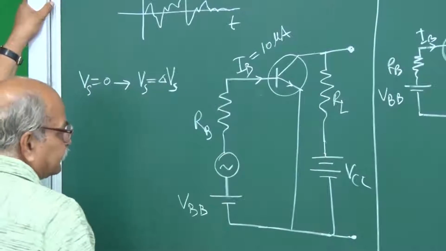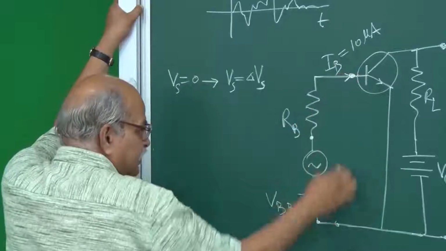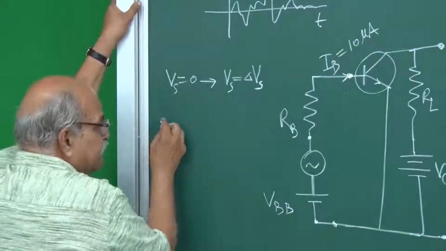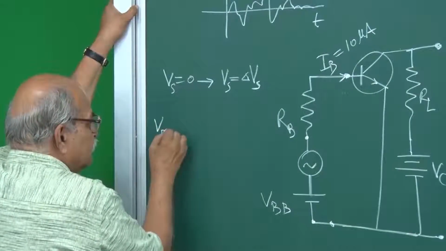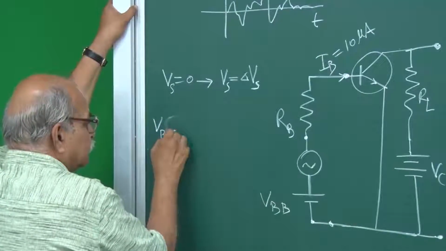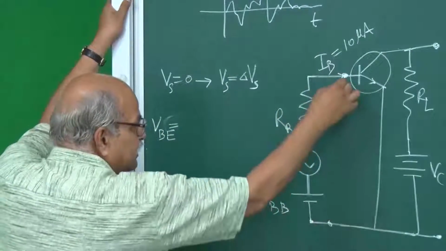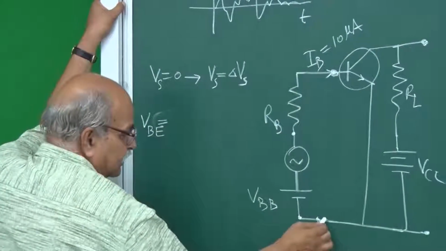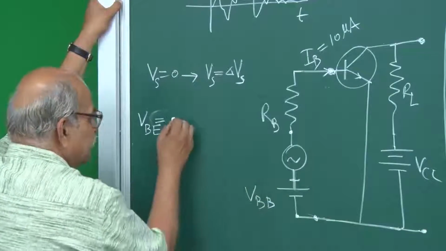And if you write the equation, what is from this point to this point? This is VBE. So, let me write VBE equal to, I am trying to write VBE, this voltage. What is this voltage? Here this is 0, so this is VBB.